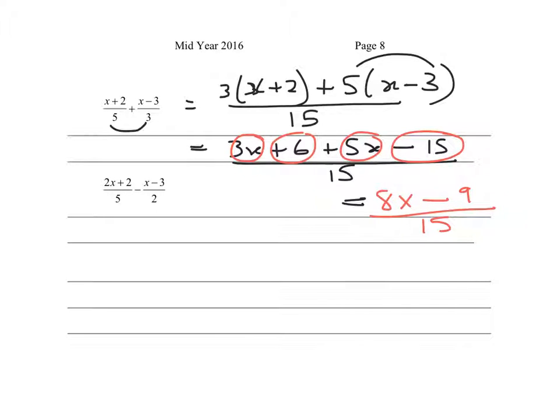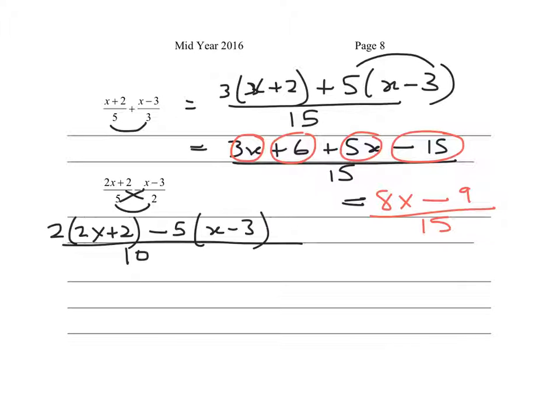We do the same thing in this example. It's a bit more tricky because it's got a minus. Same principle though, multiply the bottom, so we're going to have 10 on the bottom. We cross multiply. Now keep this in brackets. We're going to multiply 2 times what's on top of that fraction, 2x plus 2. And then I'm going to multiply by a minus 5. There's a minus in there. A minus 5 times x minus 3.